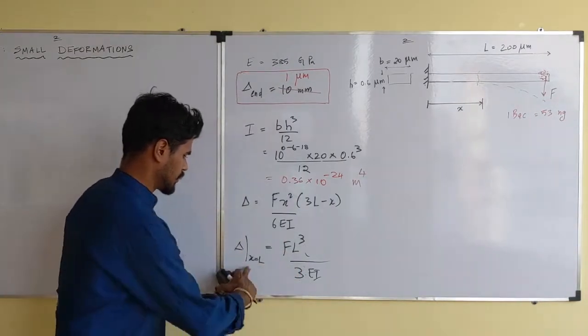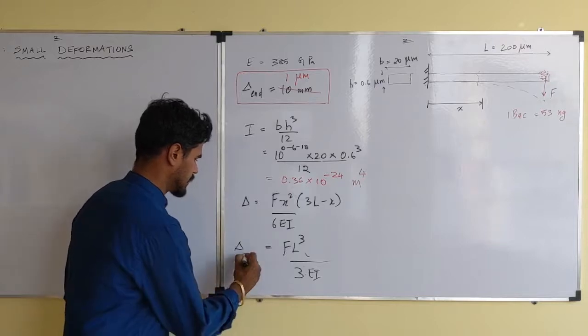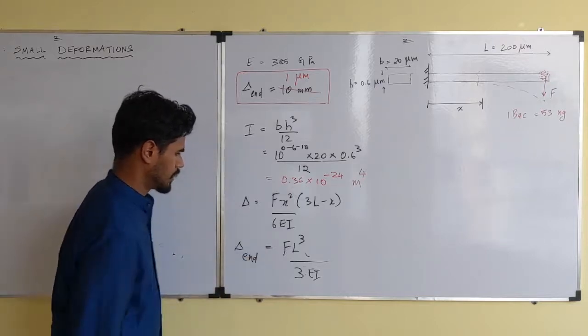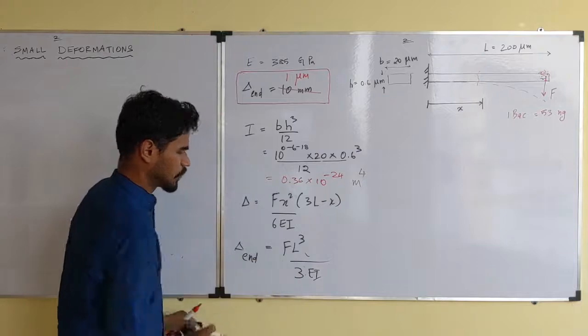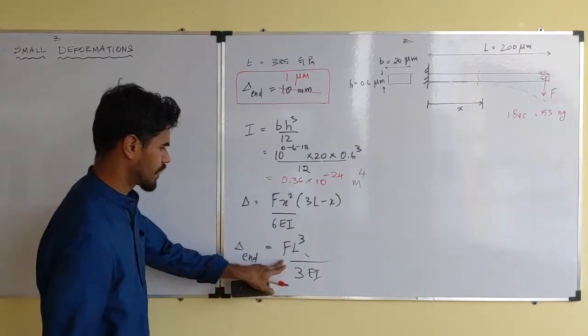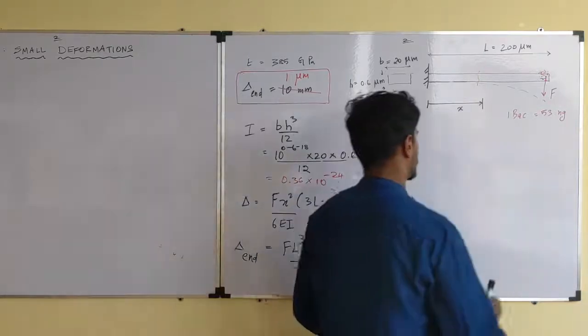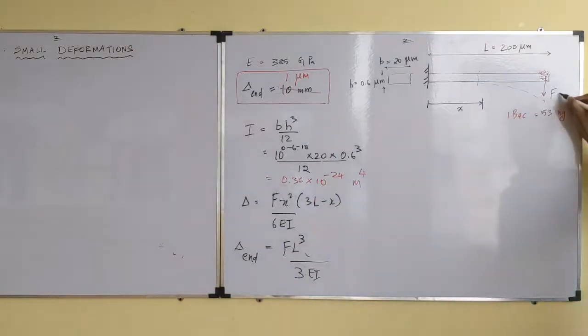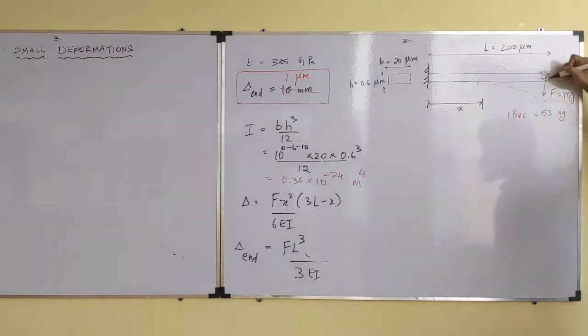I'm going to write this as delta at N. Now what we want is the force. The force, in newtons, is going to be mass times acceleration due to gravity, where m is the total mass due to all the bacteria that stick to this.